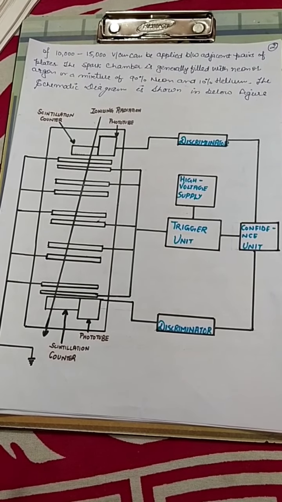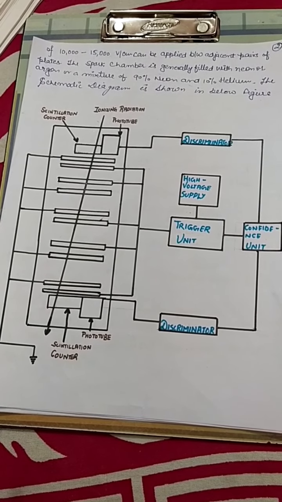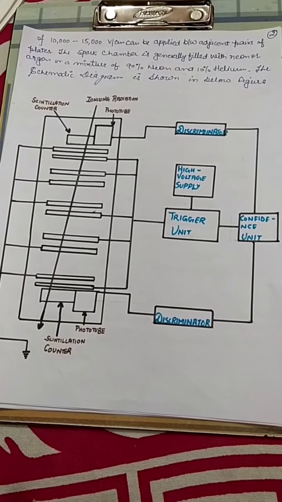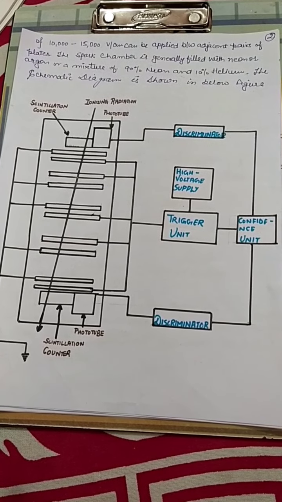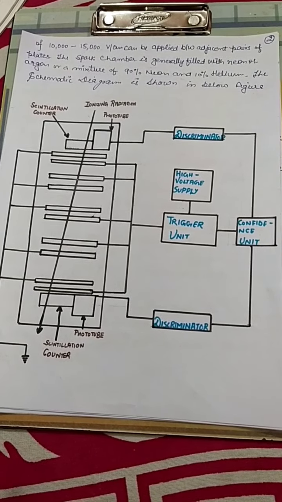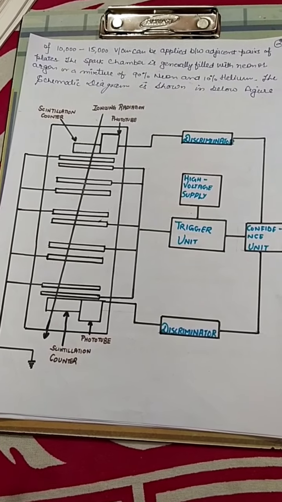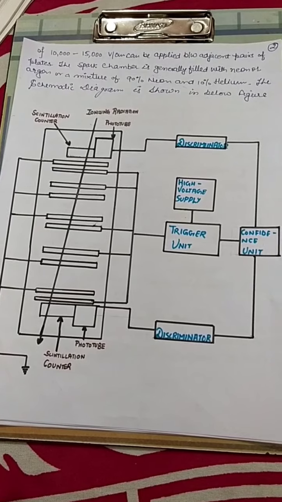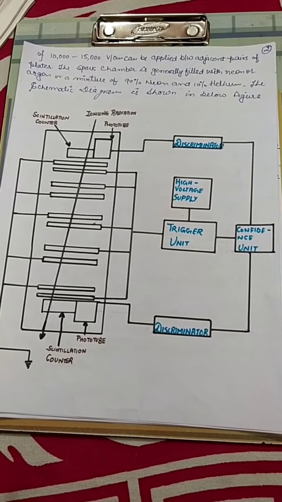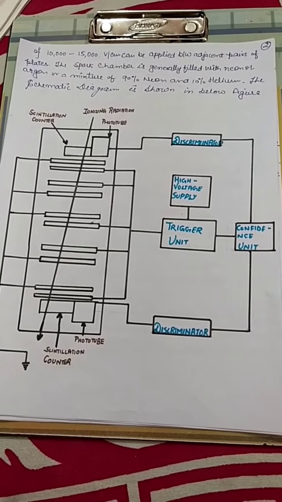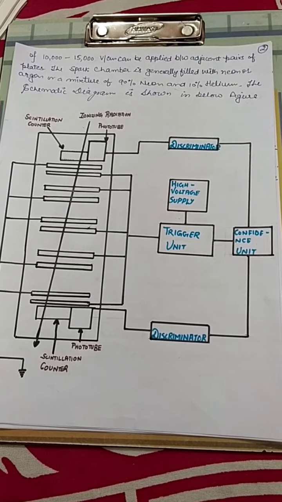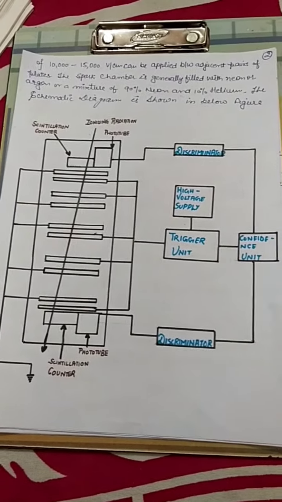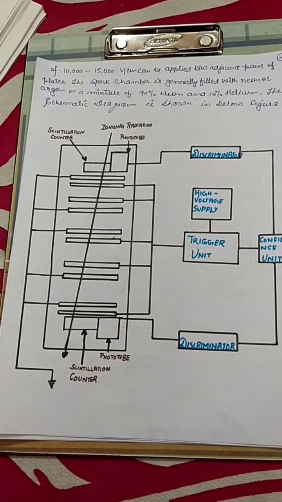The size of a plate can be as large as several square feet in area. Alternate plates are connected to a high voltage direct pulse generator so that an electric field of the order of 10,000 to 15,000 volts per centimeter can be applied between adjacent pairs of plates. The spark chamber is generally filled with neon or argon, or a mixture of 90% neon and 10% helium.